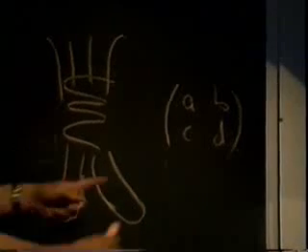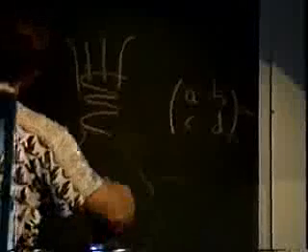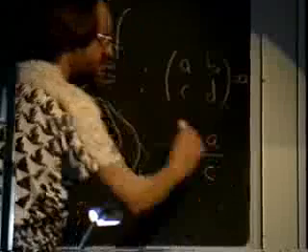That's the infinity tangle. Let me perhaps illustrate it a bit more clearly by doing that. In there is the infinity tangle. So if this is a certain braid B, then this object, which is a tangle, is the matrix A, B, C, D acting on infinity, which is A infinity plus B over C infinity plus D, which is A over C.